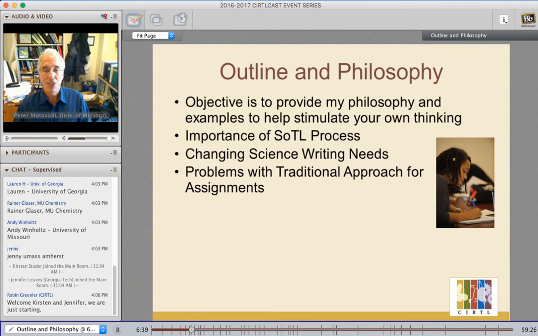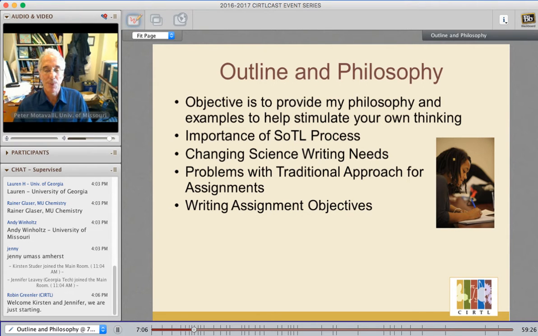The traditional approaches, most of you are not doing, but when I started, there were very limited opportunities for students in the science areas and STEM fields to do writing of different styles and for different groups. And so this was one of the reasons I got involved with this.